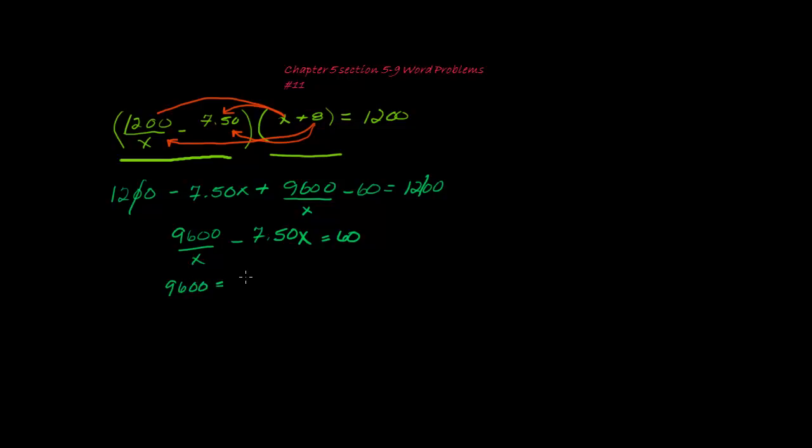Shuffle stuff around, get everything on both sides, get rid of the x denominator, and we'll be left with 9,600 is equal to 7.50. By the way, I'm sorry, this is x squared when we get rid of x. x squared plus 60x, that becomes 0 is equal to 7.50x squared plus 60x minus 9,600.